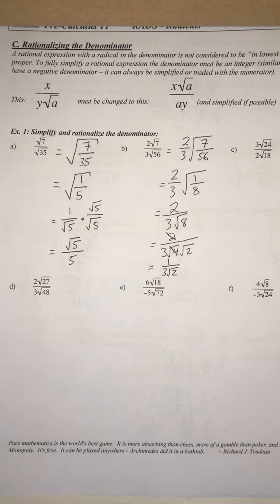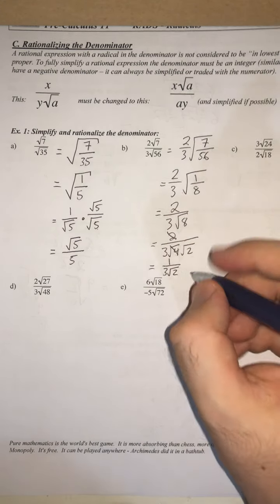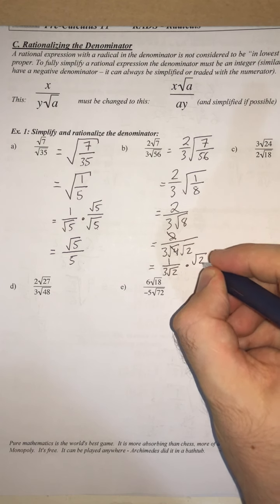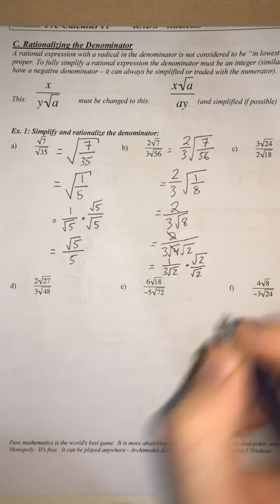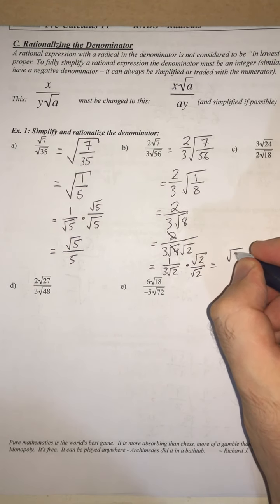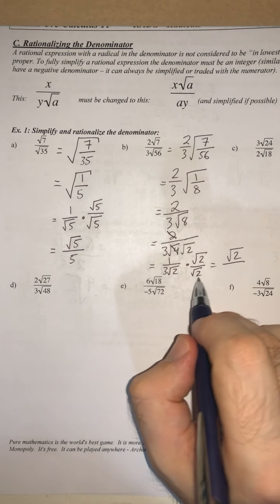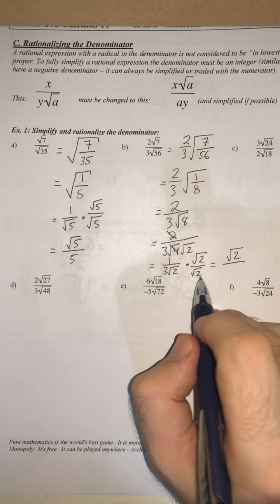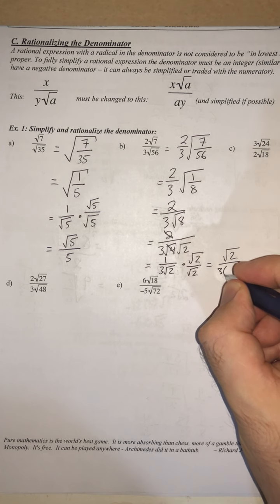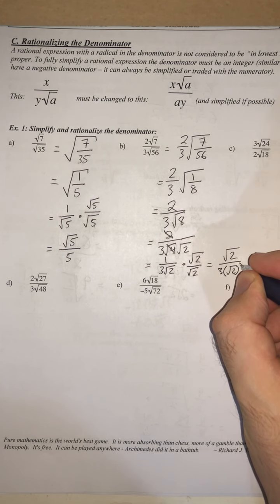So that makes our lives a little bit easier, but I still need to get rid of that root. So multiply the top and the bottom by root 2. I end up with root 2 up top divided by 3 times root 2 squared. I'm going to show the step for this process.